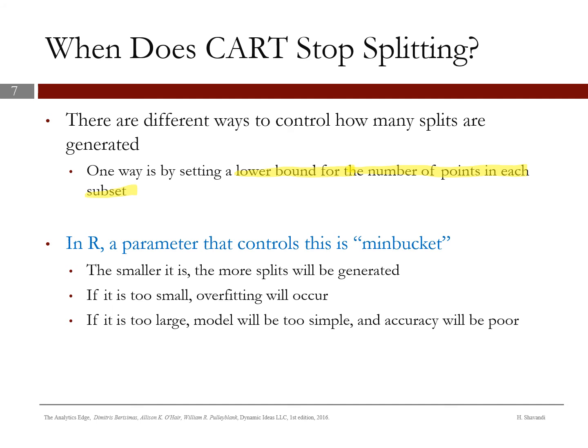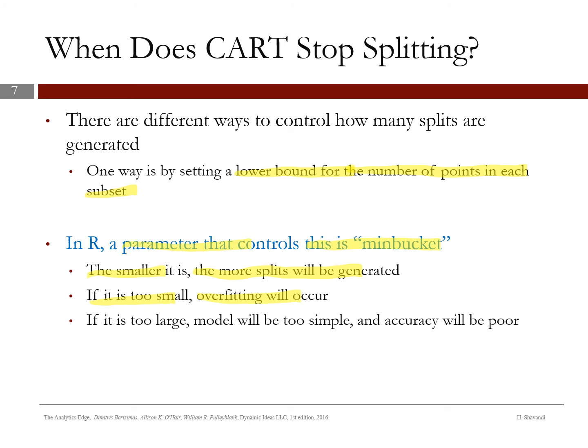In R, the parameter that controls this is minbucket. Minbucket means the minimum number of observations in each bucket. So the smaller it is, the more splits will be generated, and if it's too small, then overfitting will occur.